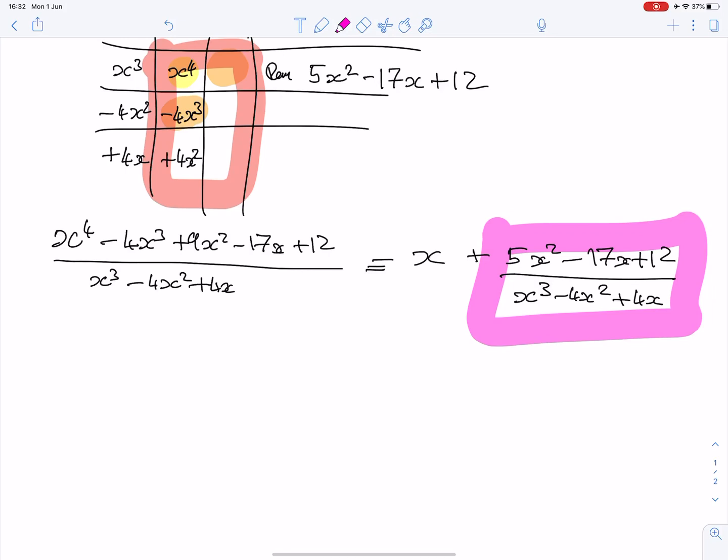So in order to do that, we need to factorise the bottom.